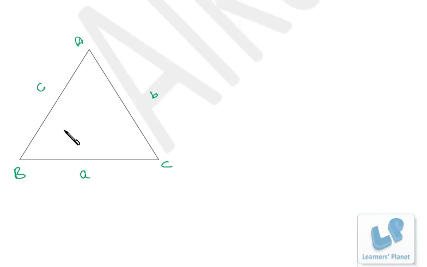Now, the next thing is I introduce p. p is the semi-perimeter, right? Perimeter will obviously be a plus b plus c. Semi-perimeter will be (a + b + c)/2.